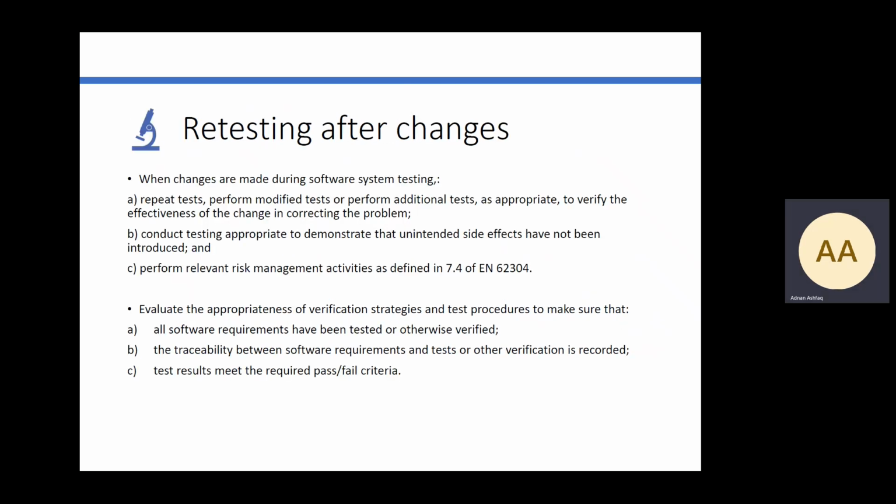When changes are made during software system testing, repeat tests, perform modified tests, or perform additional tests as appropriate to verify the effectiveness of the change in correcting the problem. Conduct testing appropriate to demonstrate that unintended side effects have not been introduced, and perform relevant risk management activities as in 7.4 of EN 62304.